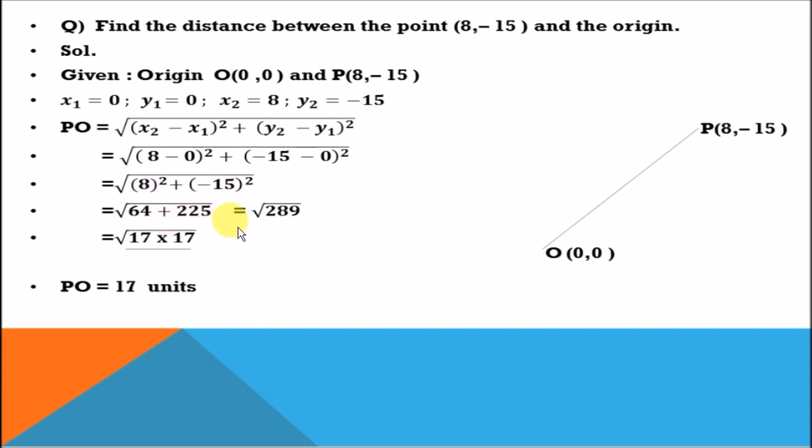So if we add up, we'll get root over 289. Root over 289 is 17 into 17, as 17 is in a pair. So we'll get PO equals 17 units. So we have calculated the distance between the point 8, minus 15 and the origin as 17 units. So this is also done.